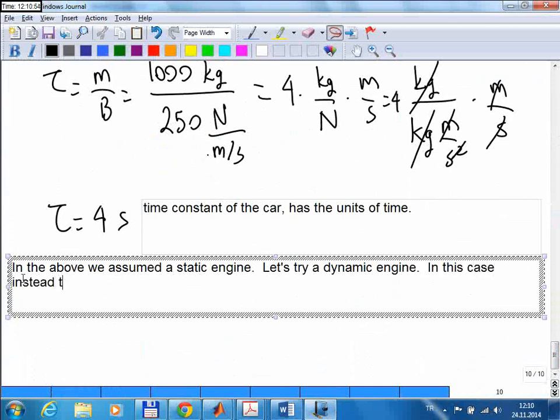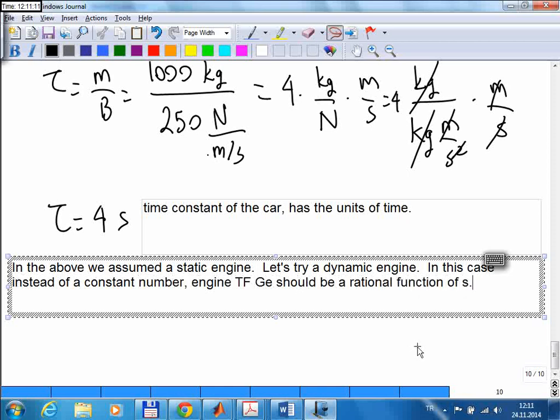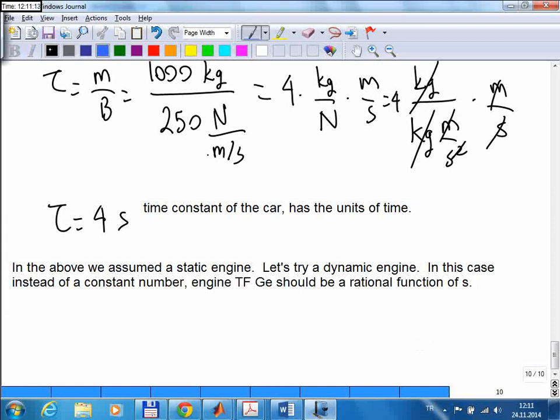In this case, instead of a constant number, engine transfer function GE should be a rational function of S. So before, G is equal to KE. Now let me use G is equal to KE over S plus PE. Let me use this engine model. Okay?